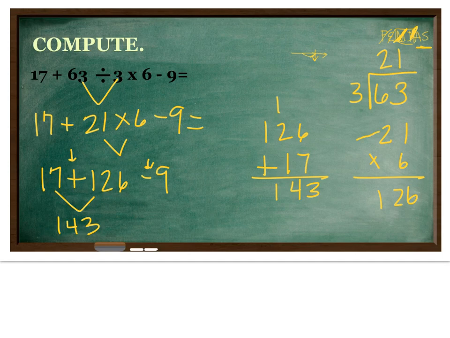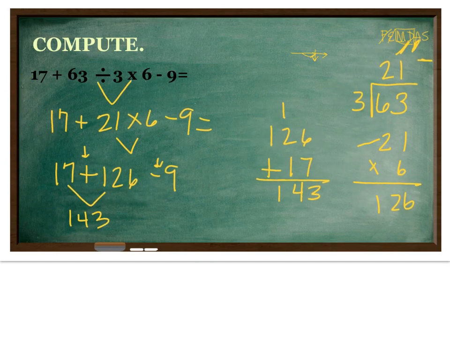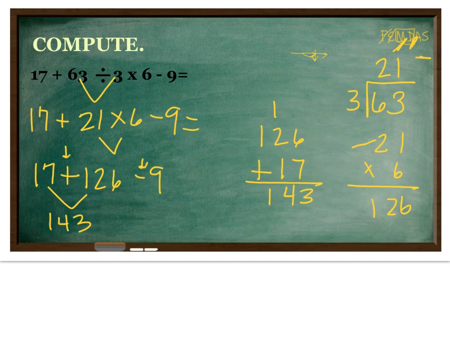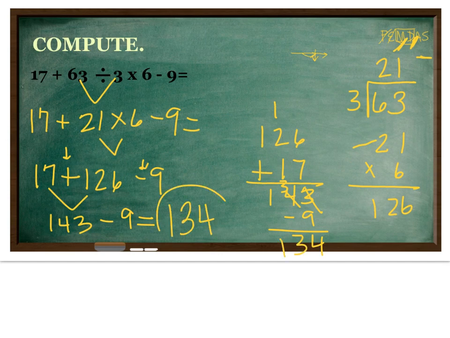So then what I need to do is 143 minus 9 equals. So I can come over here and say minus 9. That becomes a 13. That becomes a 3. 13 minus 9 is 4. So I get 134 as my final answer.